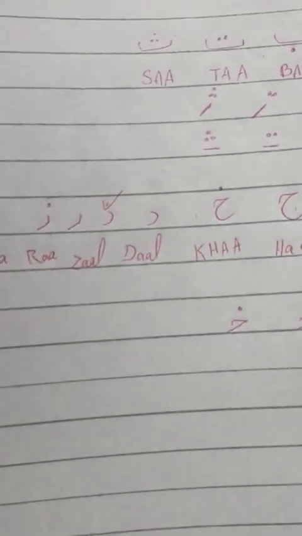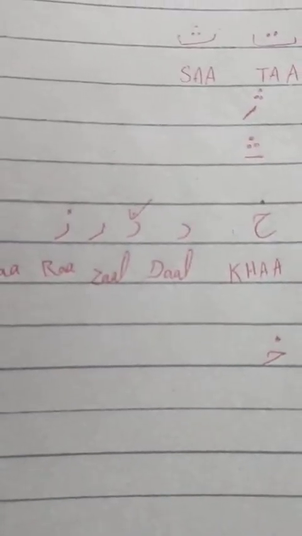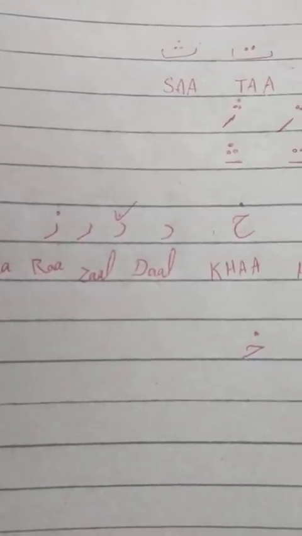Next one, Ra. So Ra comes out from the edge of the tongue and the part of the roots of the teeth towards the palate.